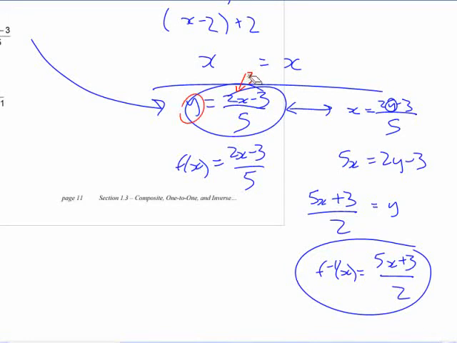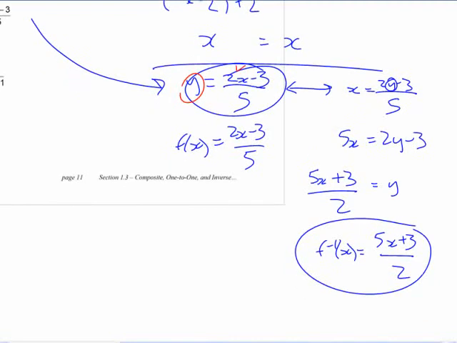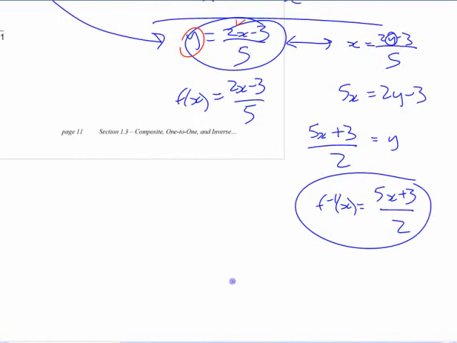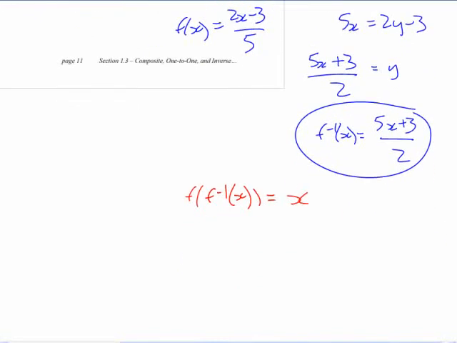But to prove that they're inverses, you have to do it algebraically and combine them together. So if you take f of f inverse of x and just confirm that that's equal to x, you can show that they're inverses. So I'm going to take f of this inverse, 5x plus 3 over 2. So that's this, right? That's f inverse.